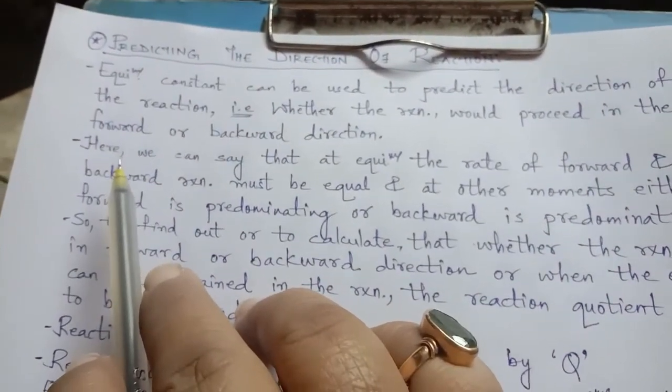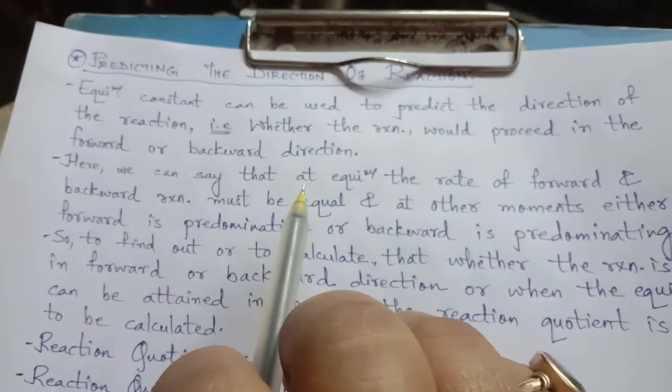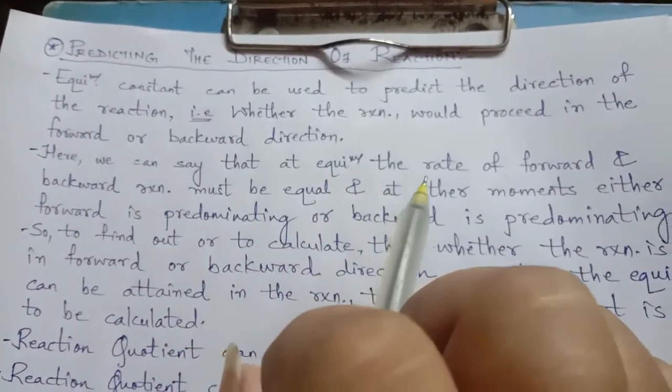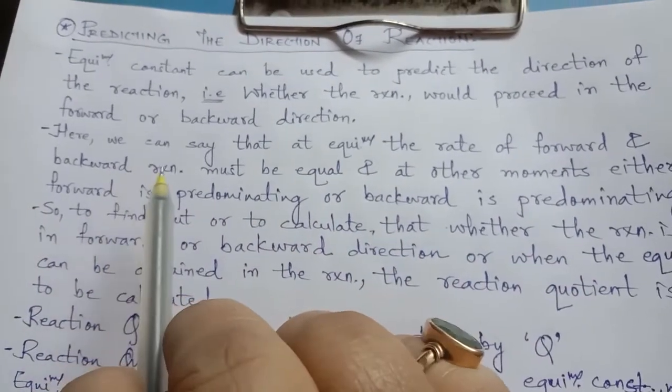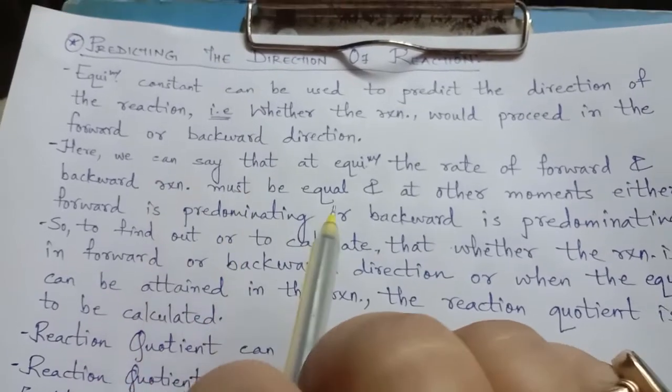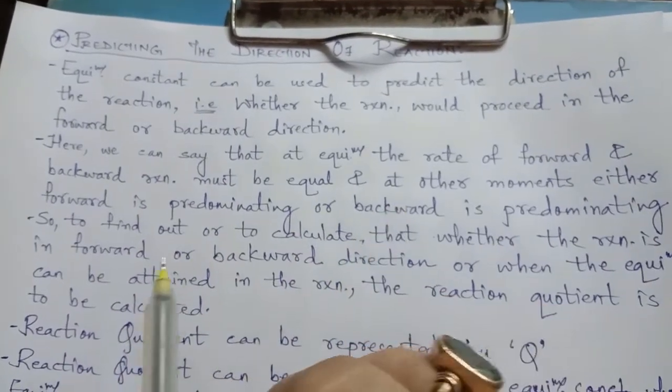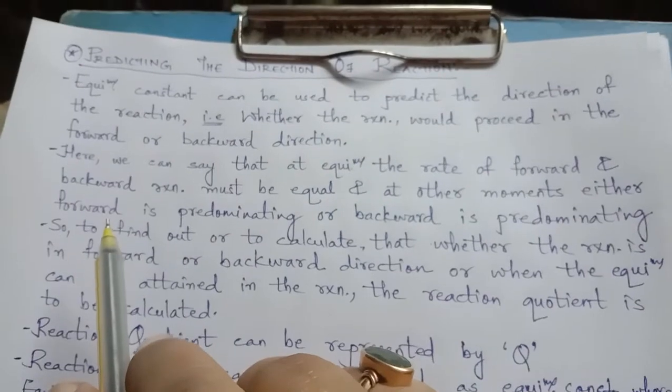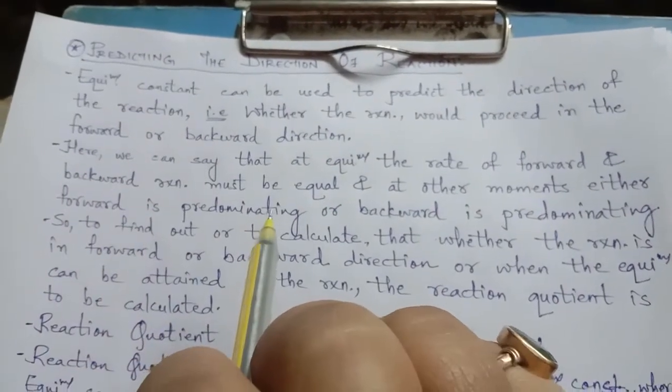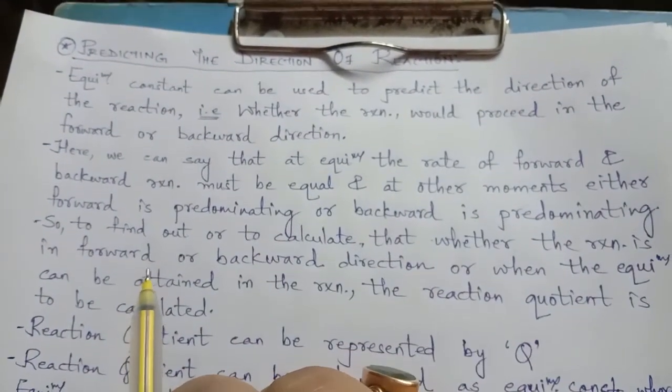So how can we say this? At equilibrium, the rate of forward and backward reaction must be equal, and at other moments, either forward is predominating or backward is predominating.